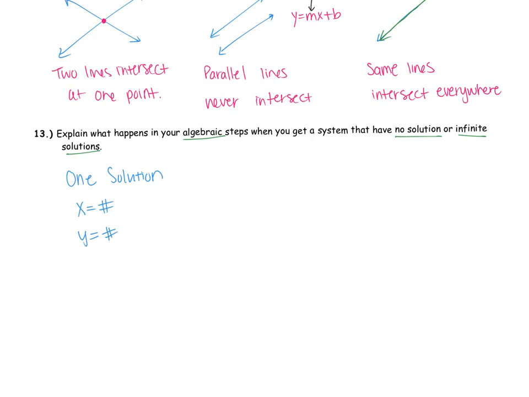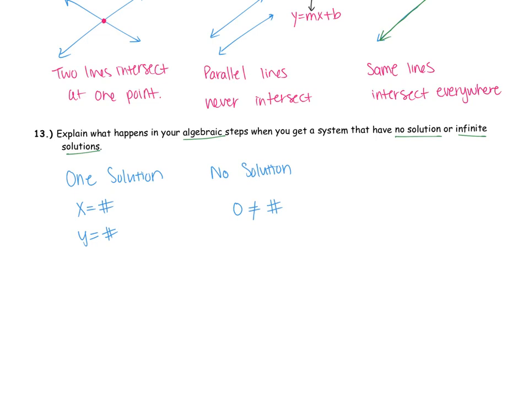Then there is the no solution situation, where maybe things cancel, but then you end up getting one side to be 0 and the other side to be some number, and 0 doesn't equal that number. So when you have a mismatch, or when both sides don't equal each other, this is no solution.